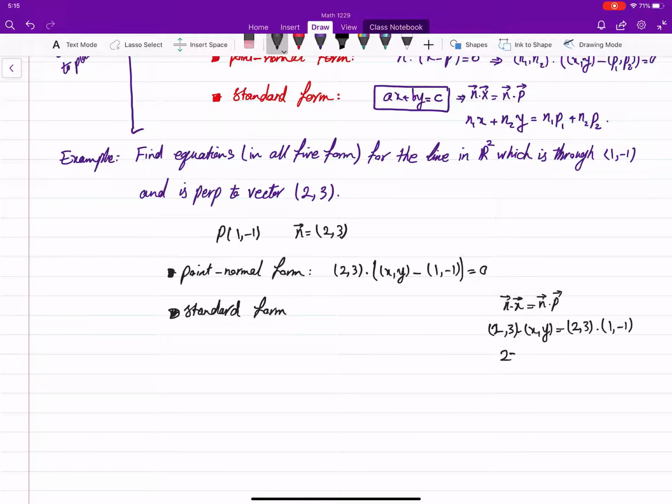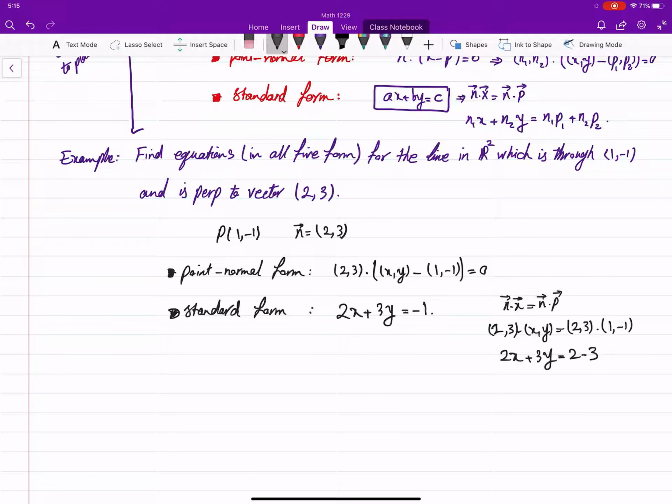This gives us 2x plus 3y equals 2 minus 3. So the standard form is 2x plus 3y equals -1. Very nice.